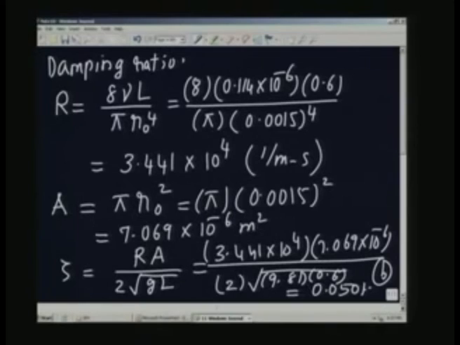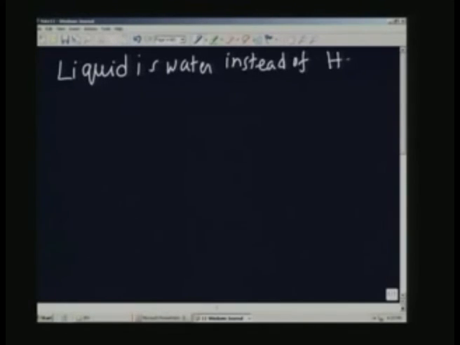So, the next one: if the liquid is water instead of mercury, the only thing which changes is nu, and of course, if you want, rho also.